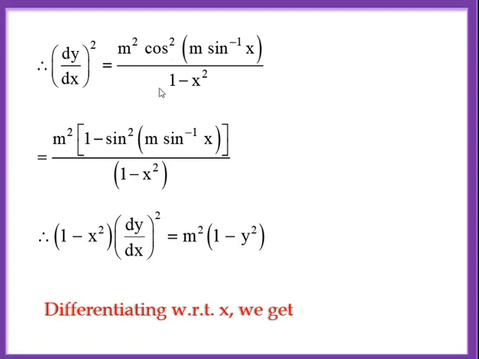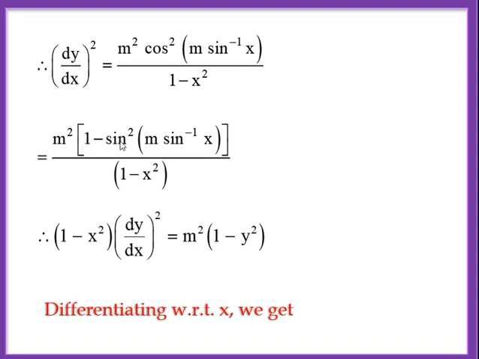For that I write cos square as 1 minus sine square. Why? Because sine of m sine inverse x is given to be y. So if I substitute, I get m square into 1 minus sine square m sine inverse x upon 1 minus x square. Actually one step is omitted here. So 1 minus x square dy dx bracket square equal to m square into 1 minus y square.